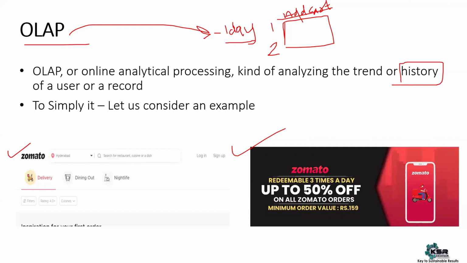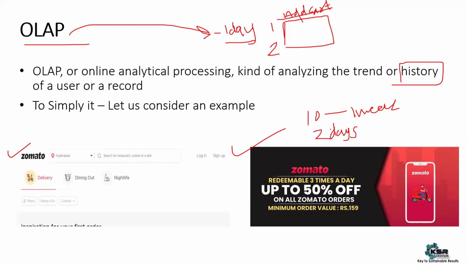Same goes with your Zomato and Swiggy. You have ordered 10 times in the last 1 week. And since the last 2 days, you are not ordering anything.